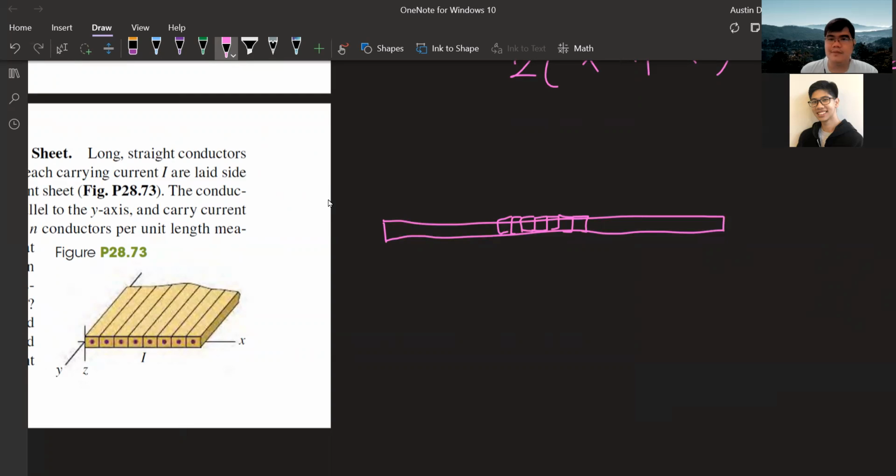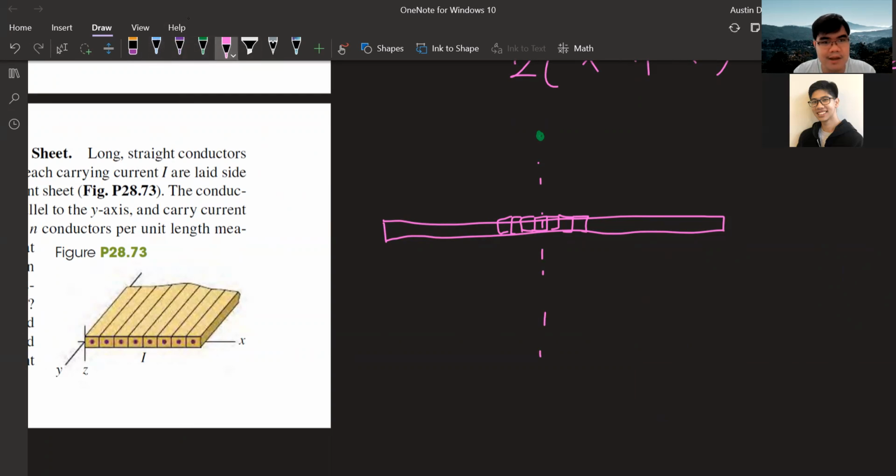Okay? So suppose you want to look at this point. You want to look at the magnetic field at this point. Then look at your neighbors, what magnetic field they produce towards that point.